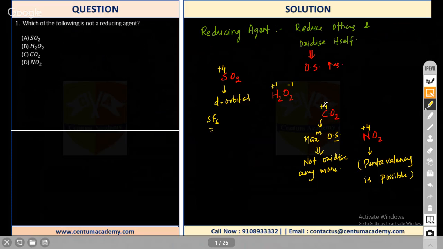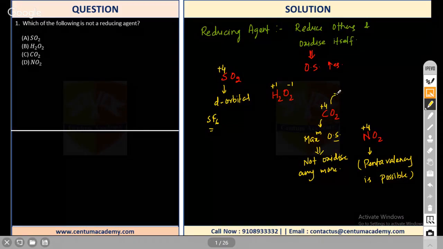Since carbon is in +4 oxidation state, which is its maximum, and carbon does not contain d orbital, it cannot expand its octet. Hence the answer of this question is CO2, which will not oxidize further and won't act as a reducing agent. Okay, answer is option C.